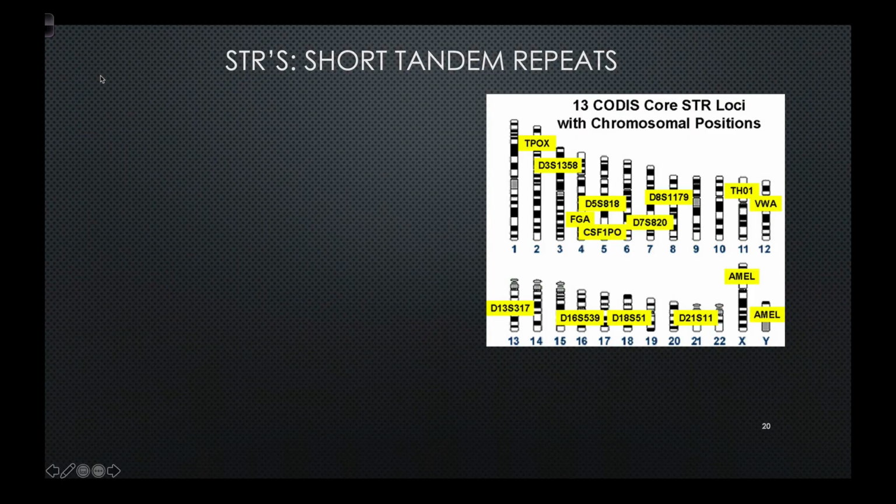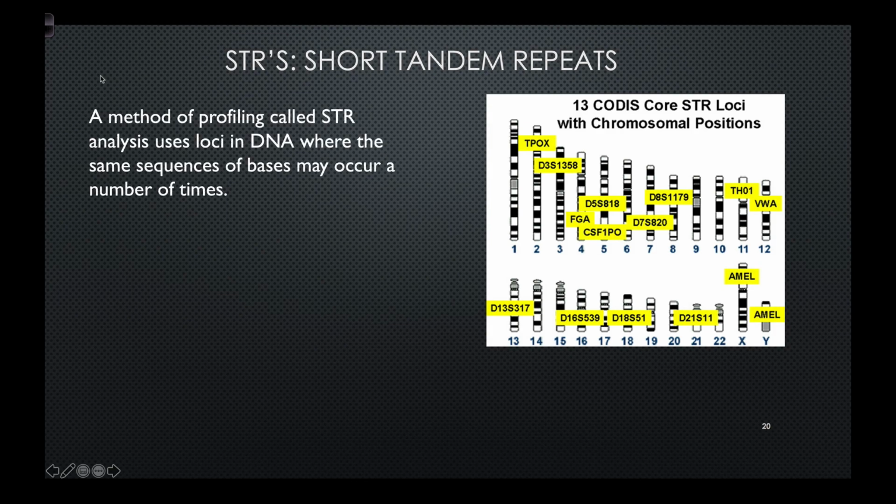The current strategy for differentiating one individual from another is based on something called STRs, short tandem repeats. Now, STR analysis uses loci in DNA where the same sequences of bases may occur a number of times. A locus on a chromosome is just a location where we find something.